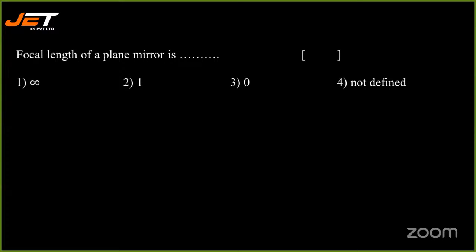It is simple. You have a plane mirror, and what will be the focal length? The focal length will be infinite, right? Because there is no refraction at all. There is no reflection at all. So you don't have any focal length there. It will be at infinity. The image will be formed at infinity.